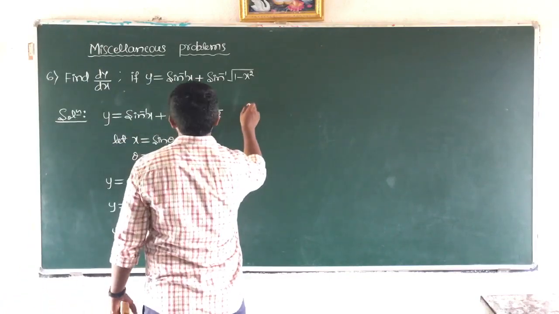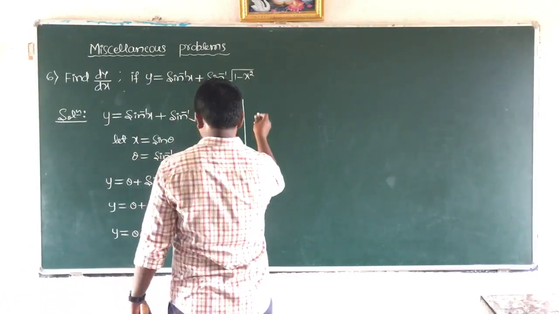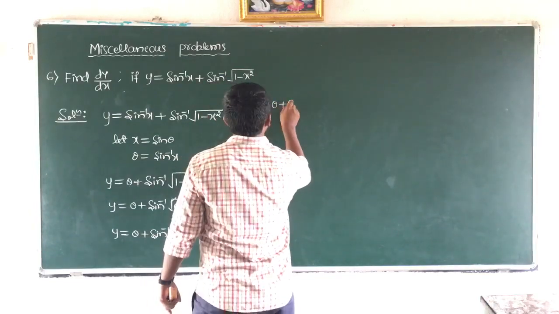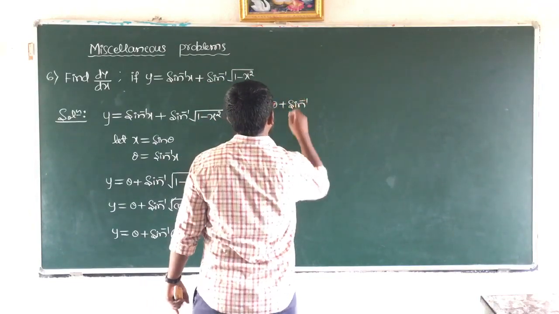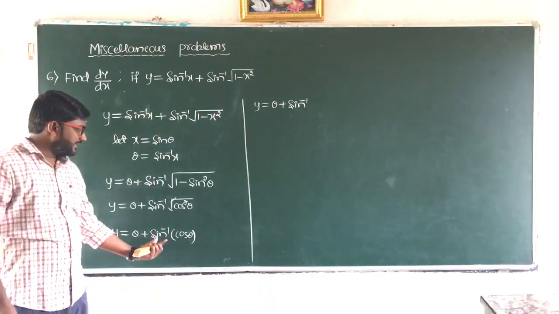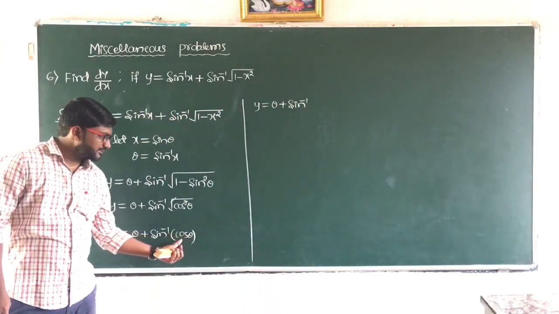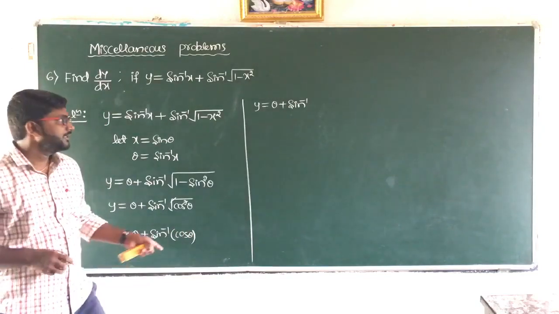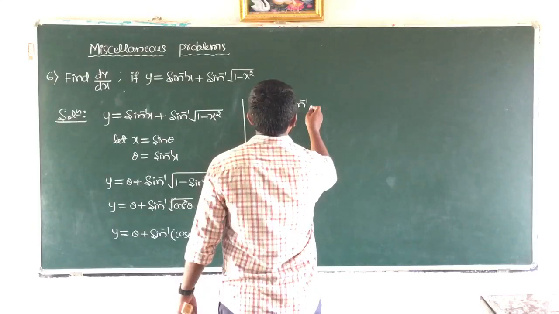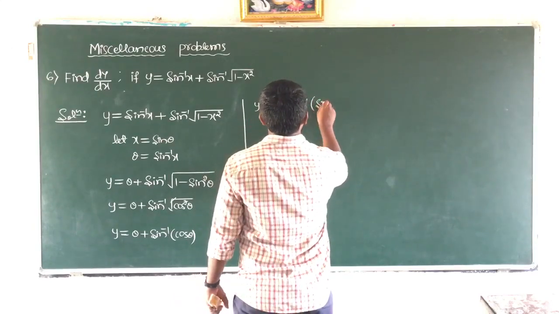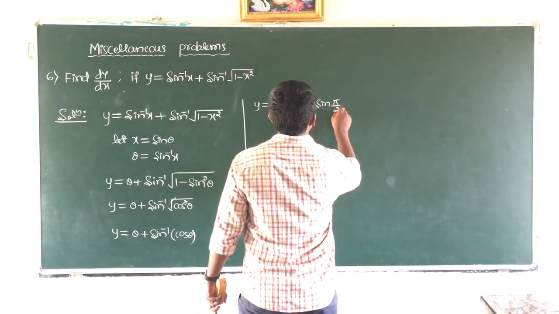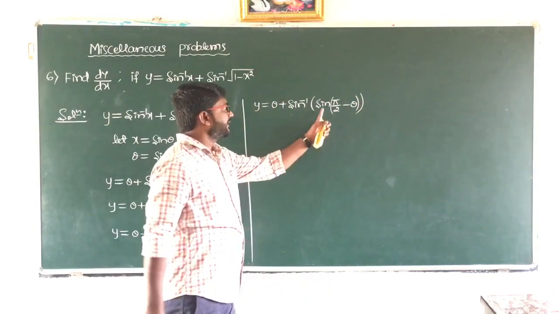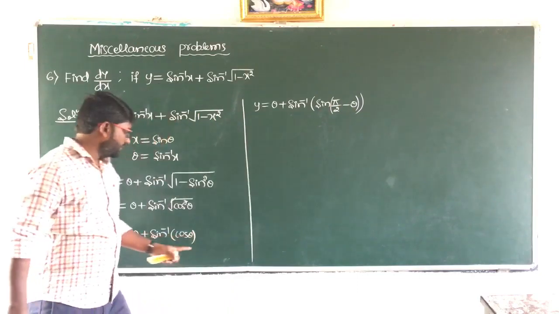So let us rewrite the function. So y is equal to theta plus sine inverse. So outside sine inverse is there, that means inside it must be sine. So how do you write cos in terms of sine? By making use of the complementary angle, I can write this as sine of pi by 2 minus theta. Sine 90 minus theta will be cos theta.